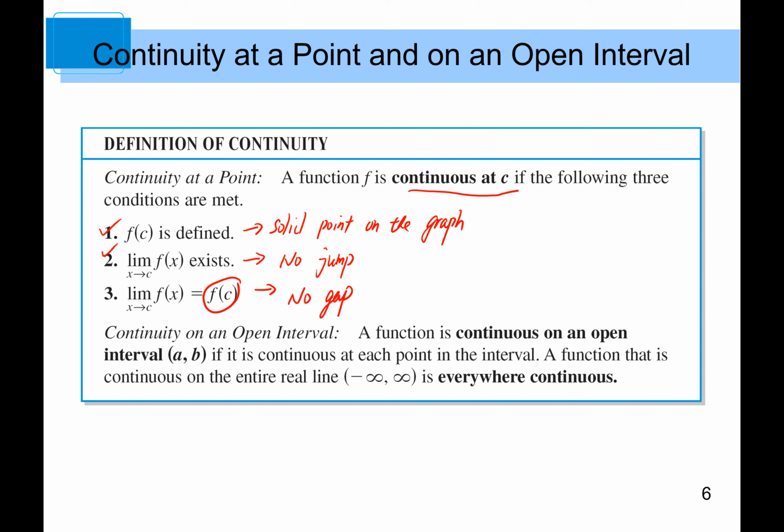So, continuity on an open interval. A function is continuous on an open interval (a, b) if it is continuous at each point in the interval. A function that is continuous on the entire real line, negative infinity to infinity, is continuous everywhere, which is the best case.